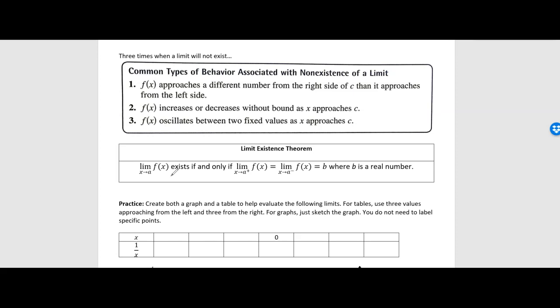To put this in more common words, both one-sided limits must exist. They must be equal to one another, and they both must equal a real number. So they both can equal positive infinity, and we can say that they're equal to one another because infinity is not a real number, right? So the two one-sided limits must exist, they must equal a real number, and they must be equal to one another. If that is true, then the limit will exist at that x value.